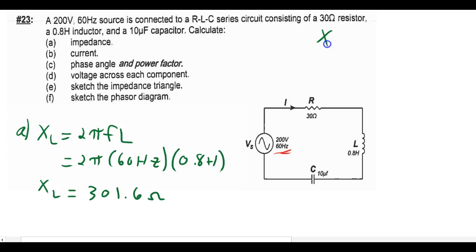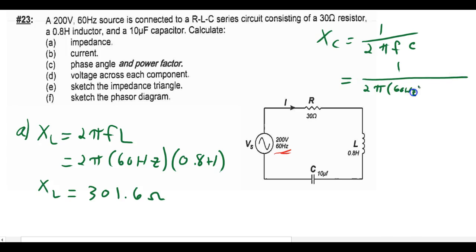For capacitance then, XC equals 1 over 2 pi FC, and so we have 1 divided by 2 pi, 60 Hertz, and 10 microfarads. Now remember, micro means 10 to the negative 6 farads, or 10 exponent negative 6 farads.